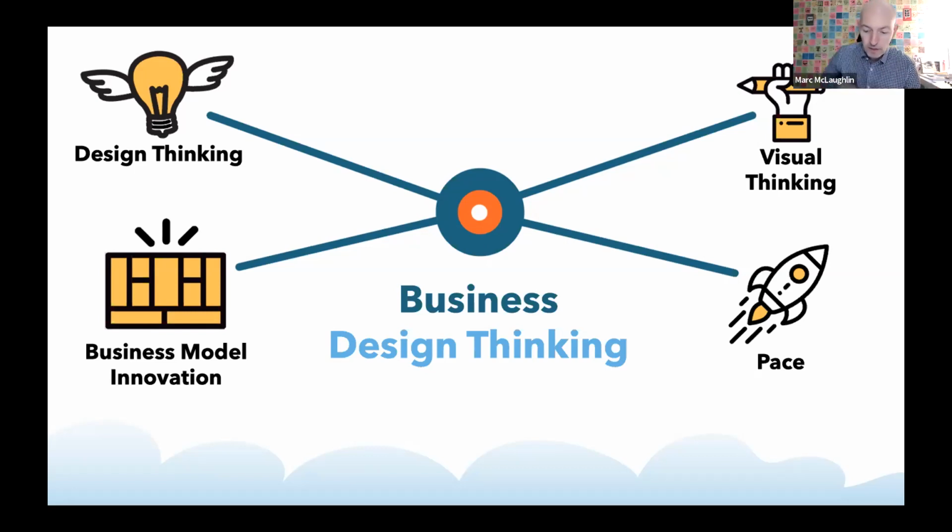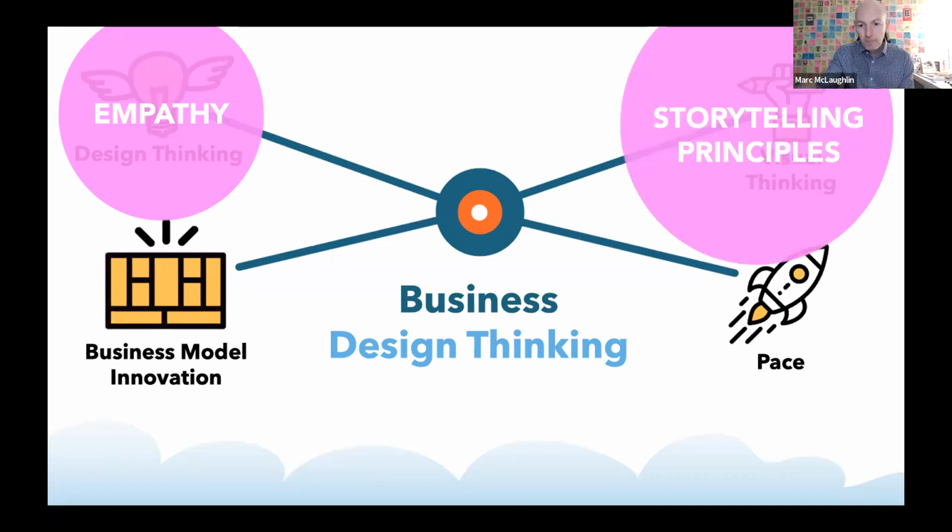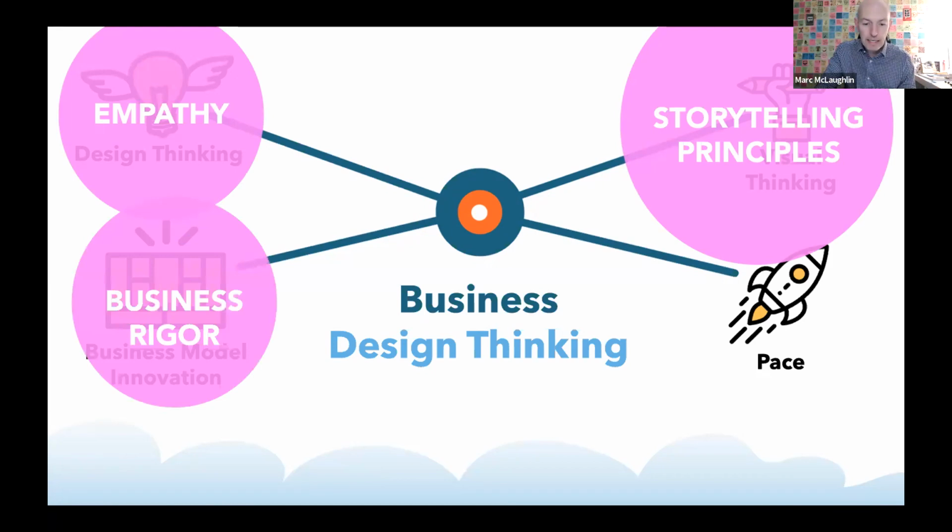We've got design thinking, which is classic empathy, really starting with the end in mind and the people that it affects. Visual thinking, which is the power of consumption, underlining the power of storytelling principles, then rigor kicks in through business model innovation. What does the business model look like?